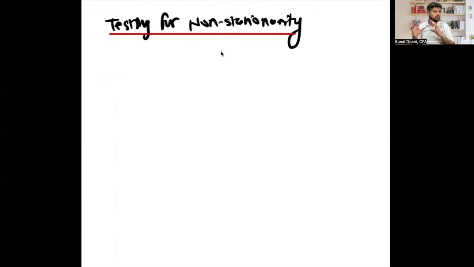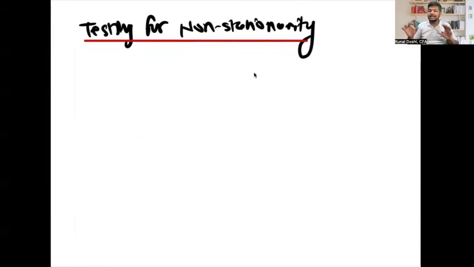This is used by the ones who are going to create the model. Fortunately or unfortunately for us, we are just going to borrow the model and use it. In real life, we are not going to create a model. But if you were a data analyst, you would probably realize what goes into the creation of the model. So testing for non-stationarity we are going to do.